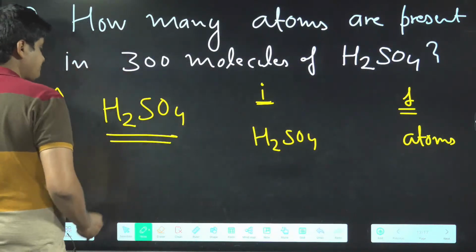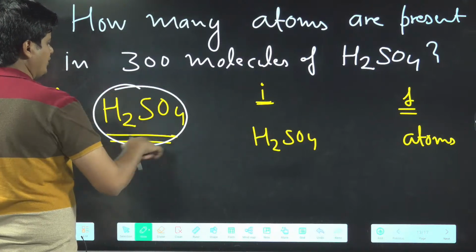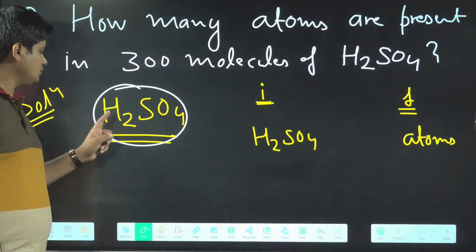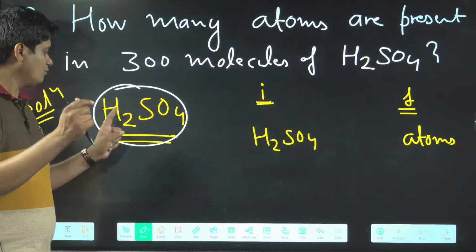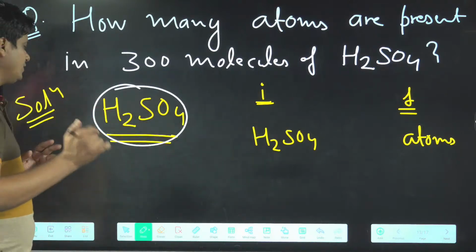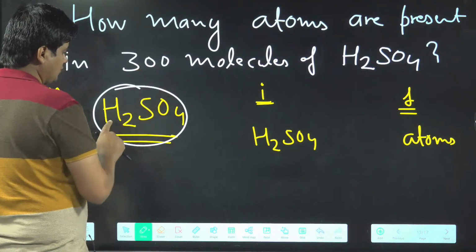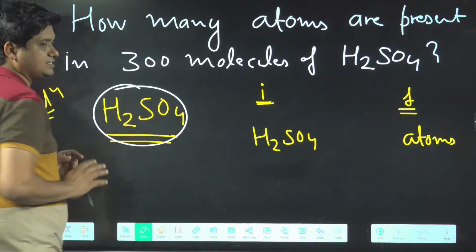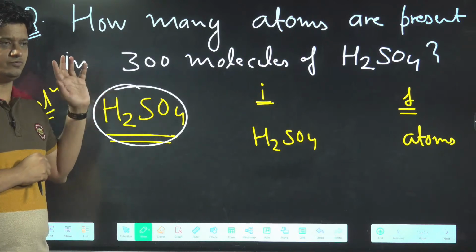Now see. Focus on this molecule H2SO4. One molecule of H2SO4 contains 2 atoms of hydrogen, 1 atom of sulfur and 4 atoms of oxygen. So 2 plus 1 is 3, 3 plus 4 is 7. 7 atoms are present in one molecule of H2SO4.